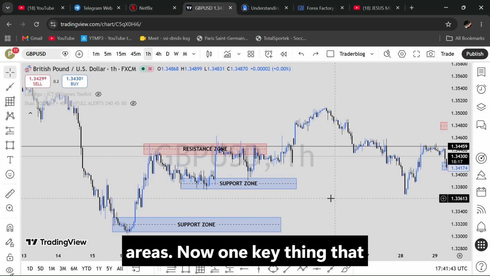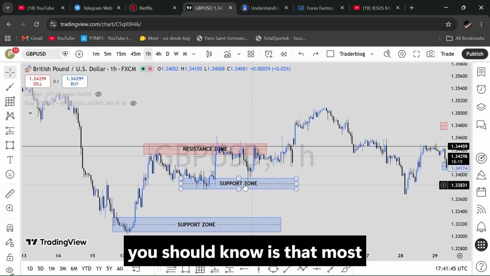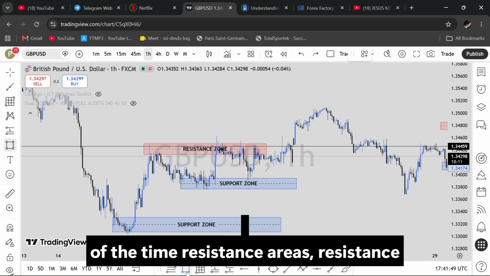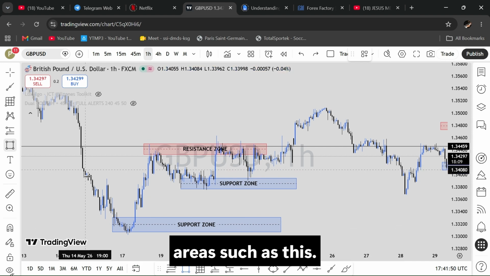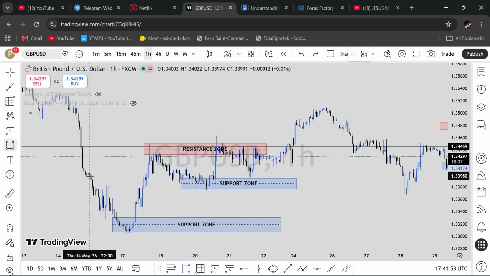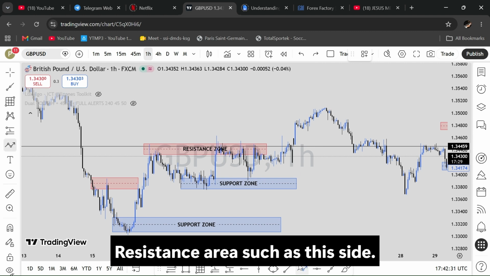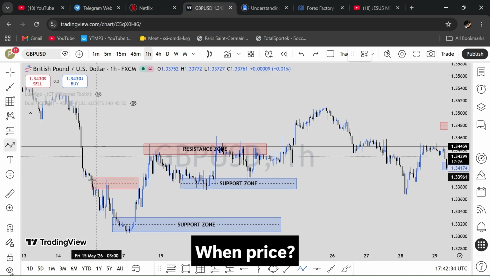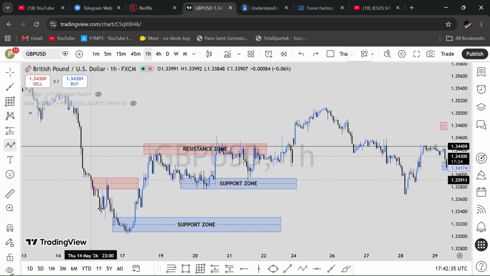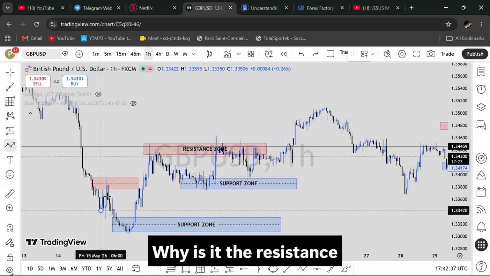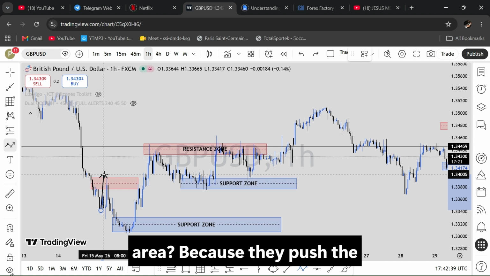Now, one key thing that you should know is that most of the time, resistance areas such as this one, why is it a resistance area? Because it pushes the market down.